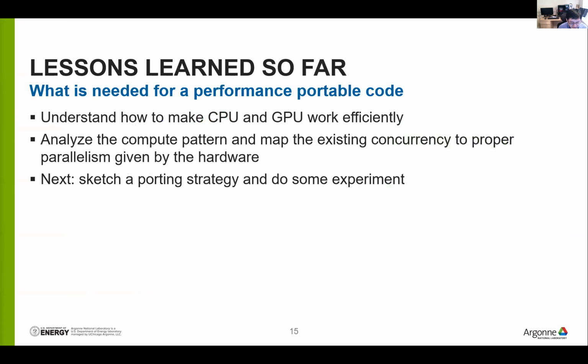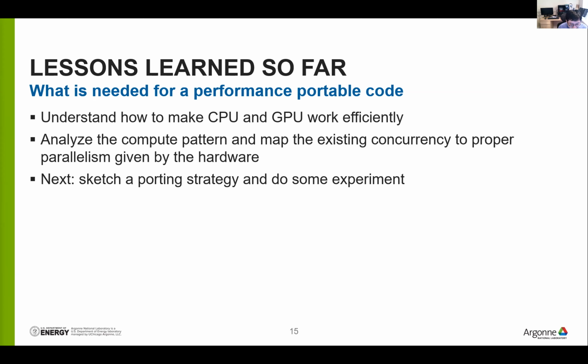So lessons learned so far. We really need to understand how to make CPU and GPU compute efficiently. Then what we need to do is analyze the code compute pattern and make sure you have the mapping from the existing concurrency to the parallelism properly.